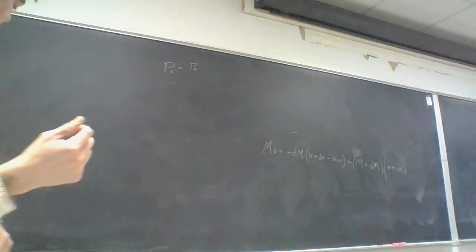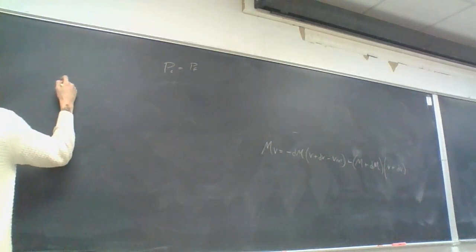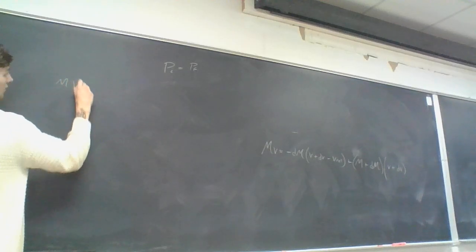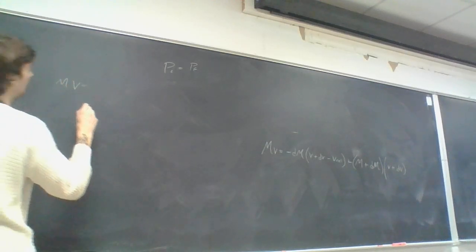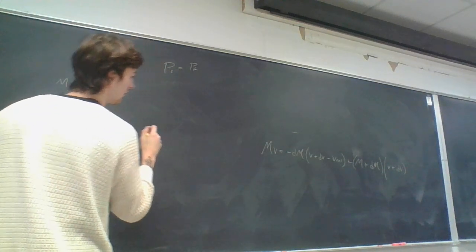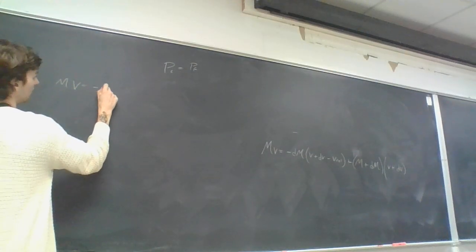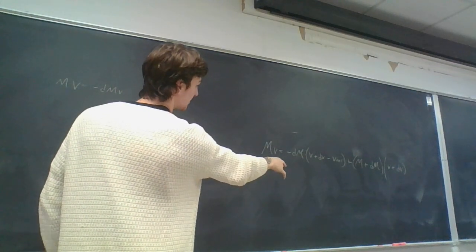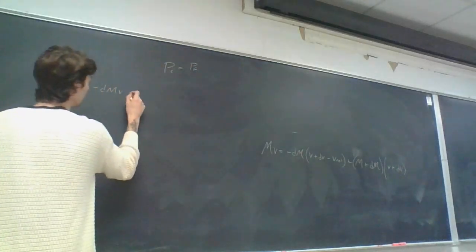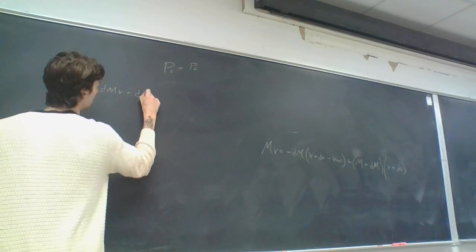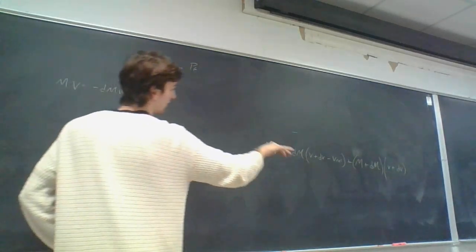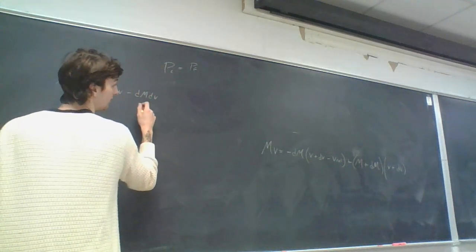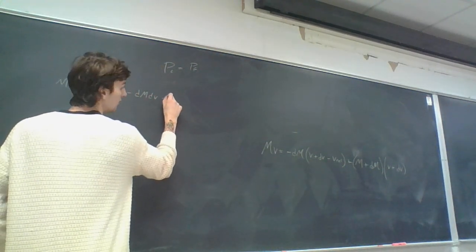So we've got Mv equal to minus dm v minus dm dv, just expanding this out, plus dm v relative.